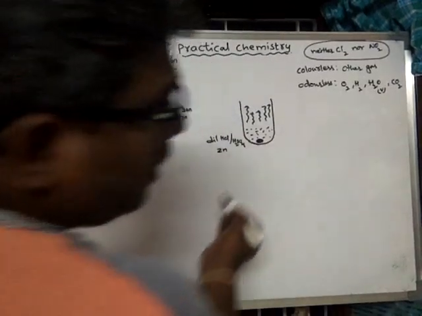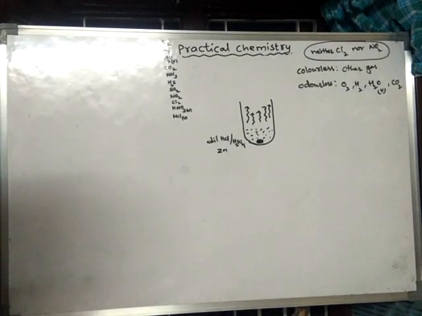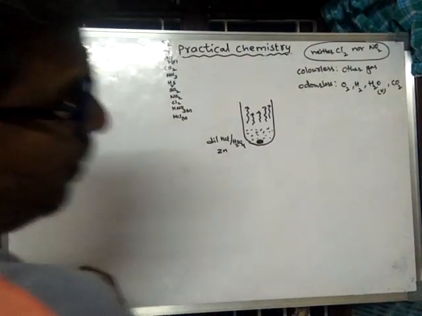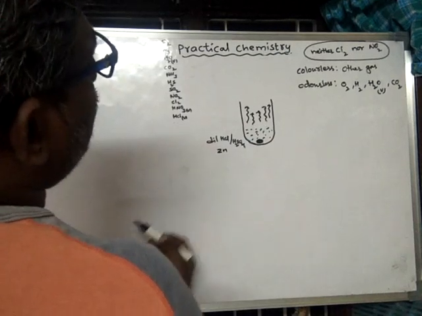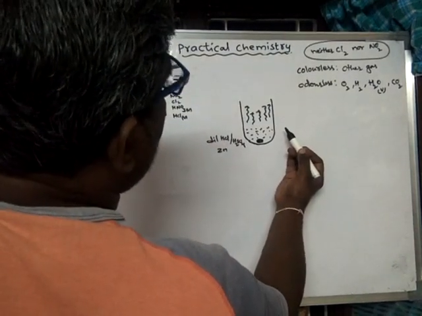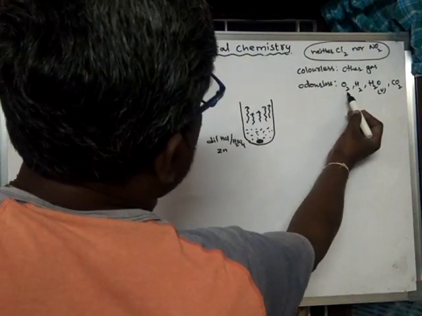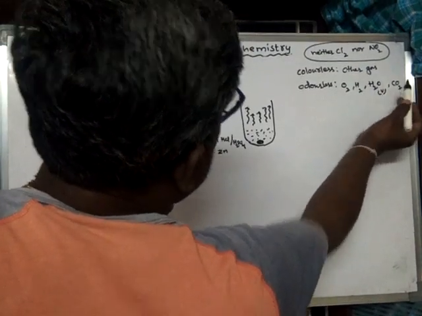All other gases have some characteristic smell, their own specific smell. But these gases do not have any smell. So, as this gas is odorless, finally we can come to the conclusion that this gas may be either oxygen or hydrogen or water vapor or CO2.